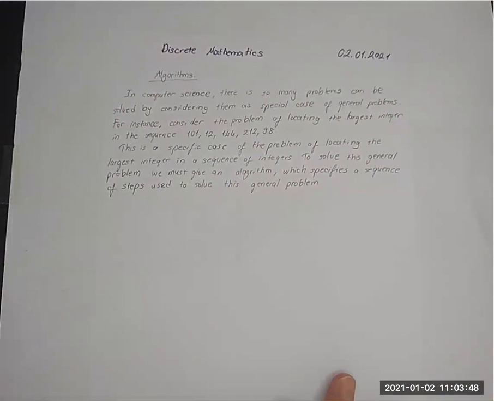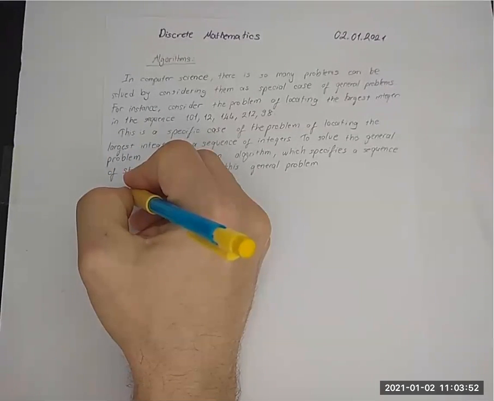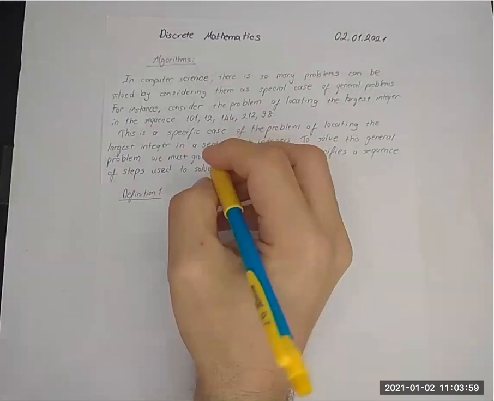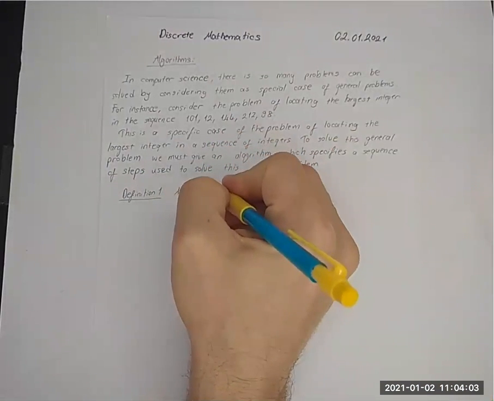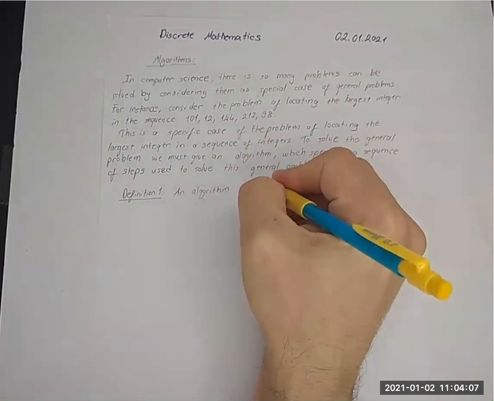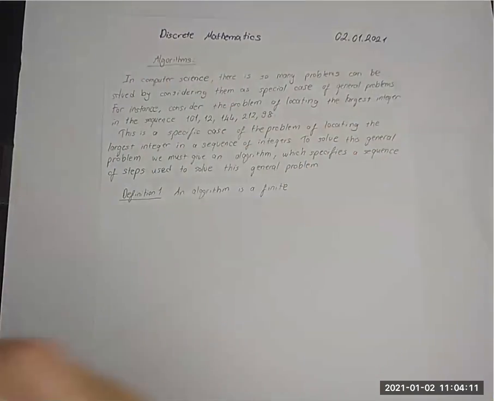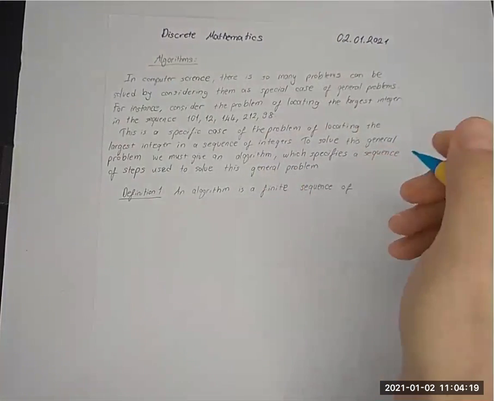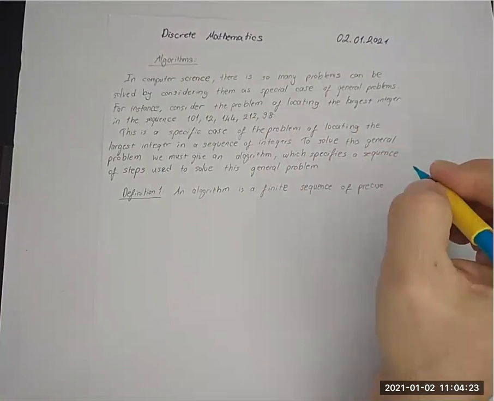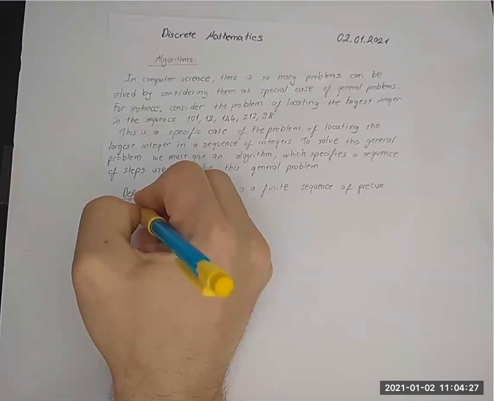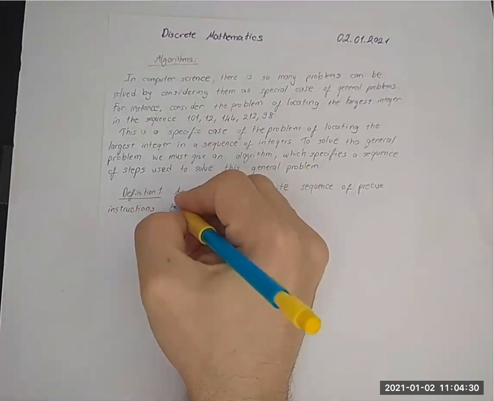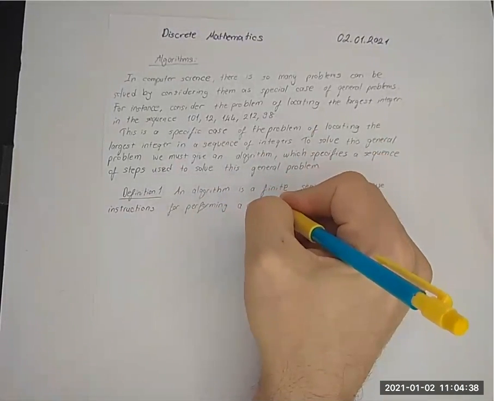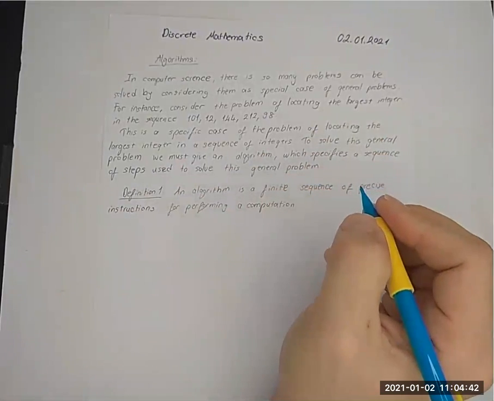So if you want to define what an algorithm is, okay, an algorithm is a finite sequence of precise instructions for performing a computation or for solving a problem.